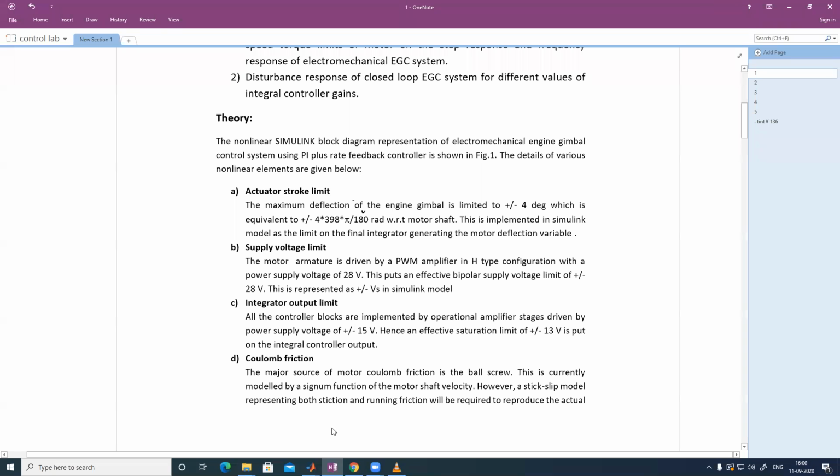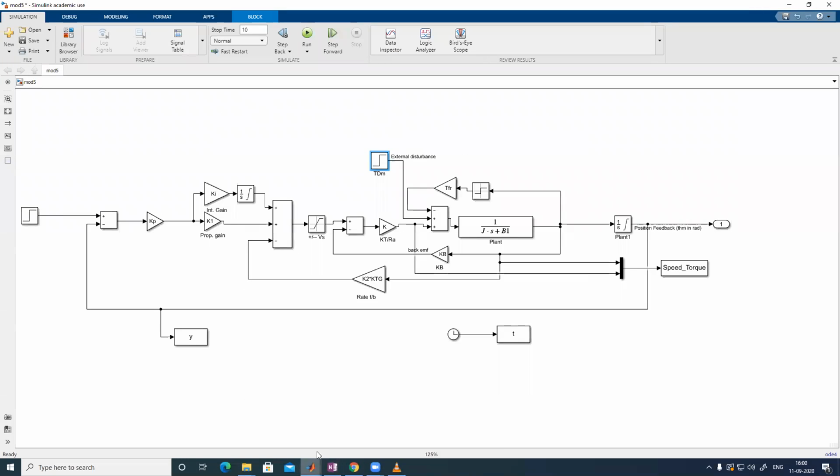After the PI controller, this will generate a control signal that is given to the H-bridge power amplifier circuit. The power amplifier is giving the driving voltage.